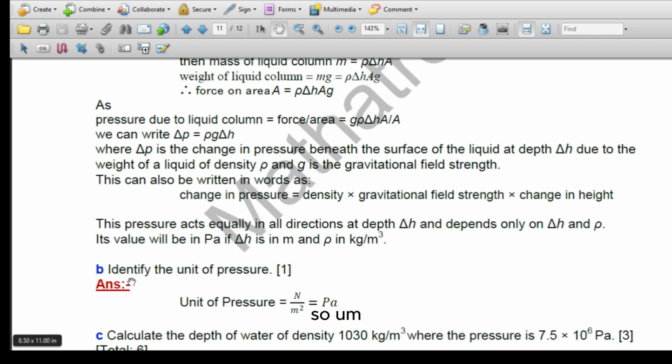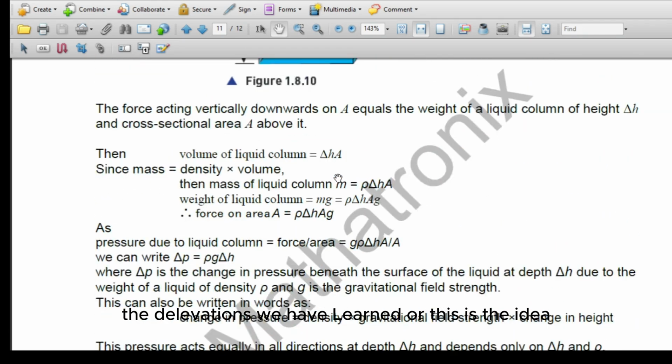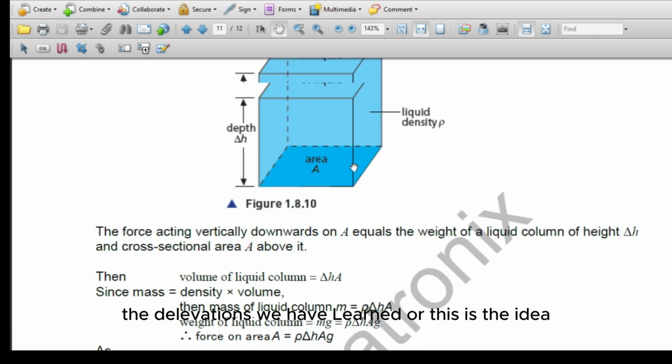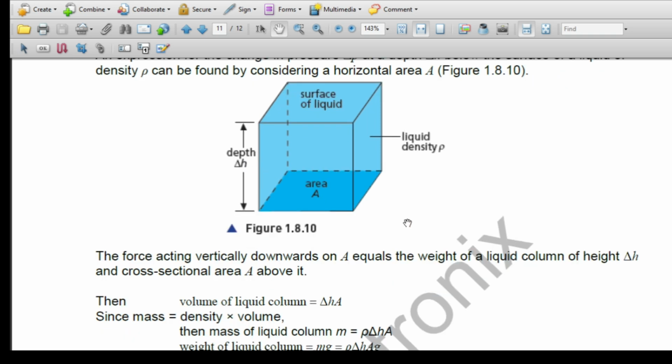So this is the derivation we have learned. As the liquid level increases, the pressure at the bottom will increase.